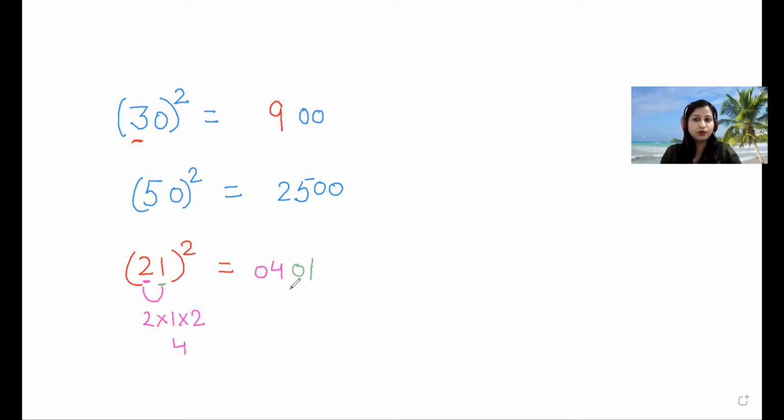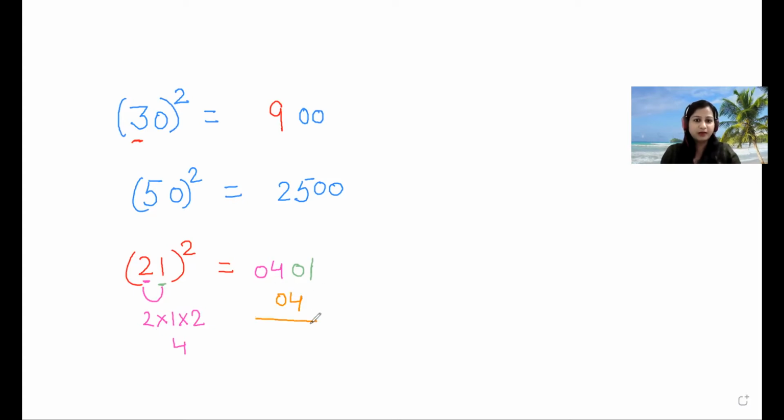This number we will write in the middle of 0401, as 04. Always remember, whenever you're doing square, write that number in two-digit form.